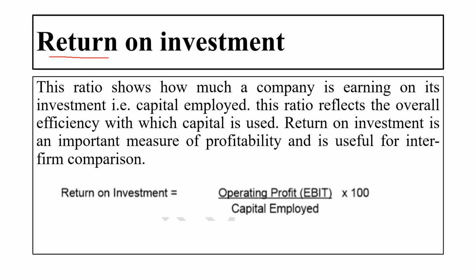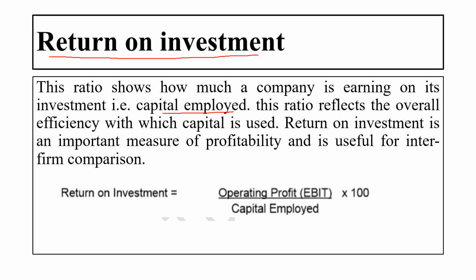Then is the return on investment. When we say return on investment, it means the amount which we are getting after investing some amount in some project. This ratio shows how much the company is earning on its investment, that is the capital employed. Whenever the company invests in some project, the company in return will get some amount as an investment amount, that is return on investment.